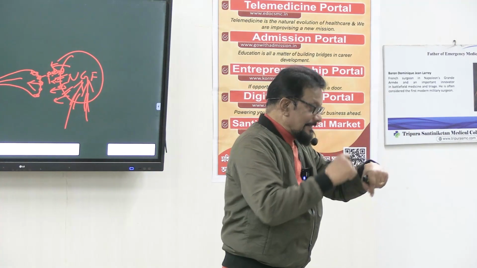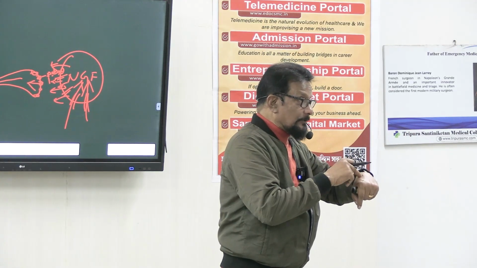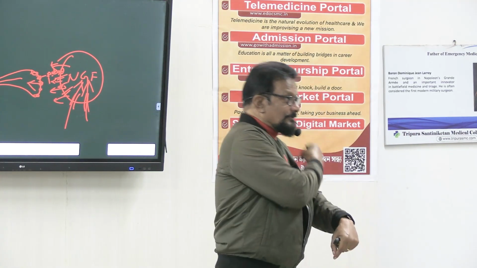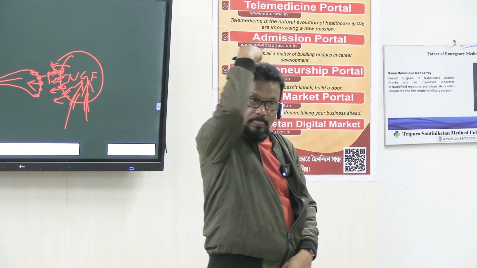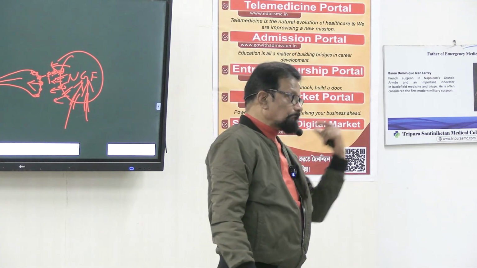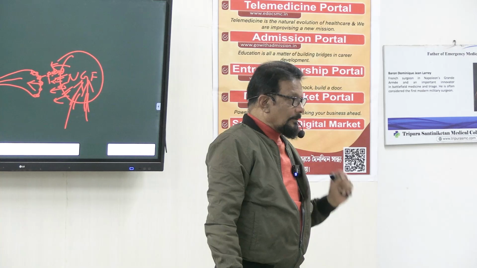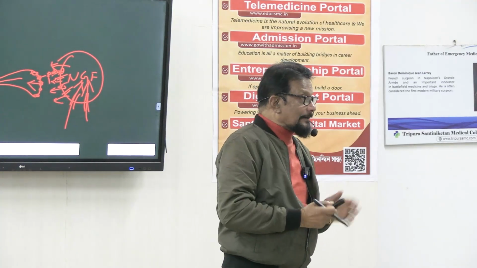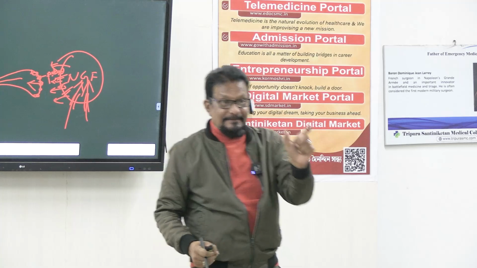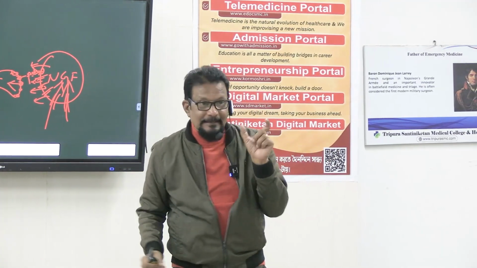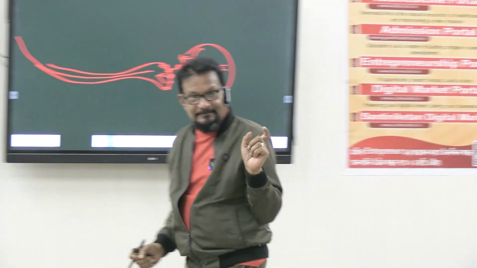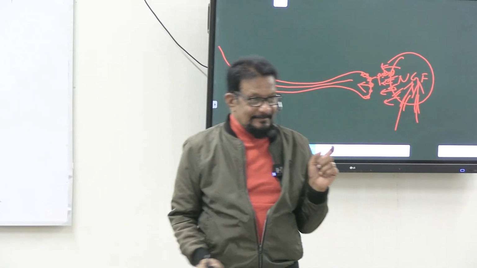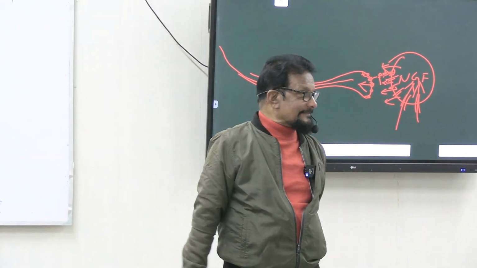Sodium ion entered. This cell, the receptors got stimulated. Now the stimulation will go into the brain and I will be knowing somebody has touched or stressed. So there are three types of gated channels: voltage gated, ligand gated, and mechanically gated channels.